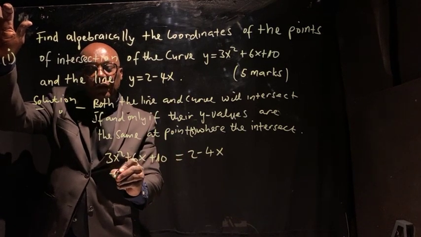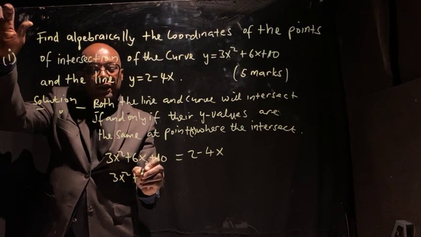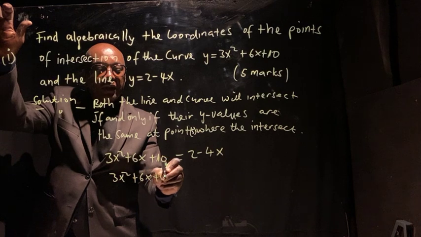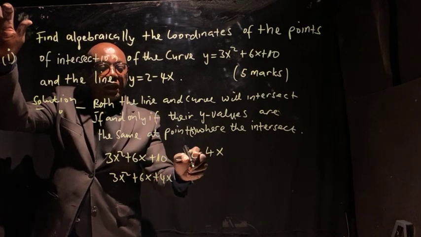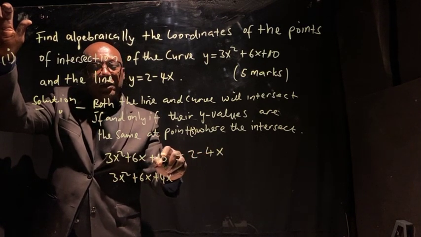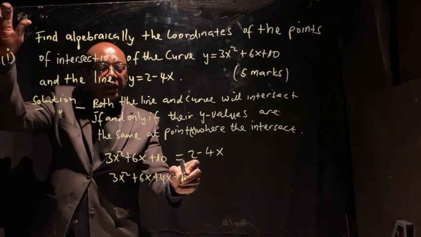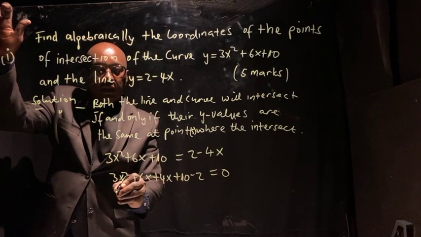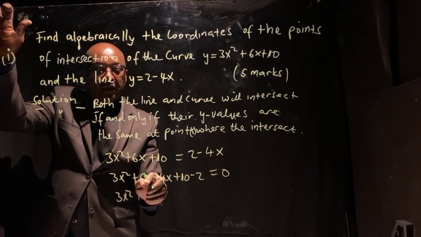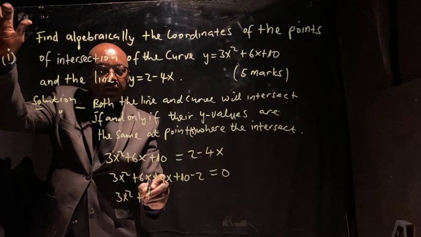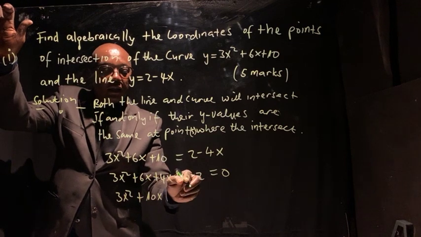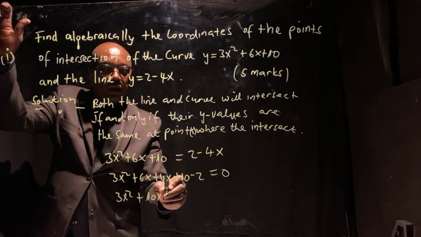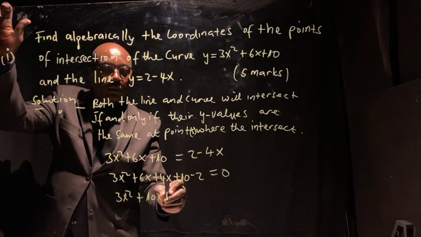So we have 3x squared plus 6x, minus 4x comes to the other side, it becomes plus 4x, and plus 2 from the other side comes to this side, it becomes 10 minus 2. Then the right hand side is left with 0. In that case, we have 3x squared, 6x plus 4x is 10x, and 10 minus 2 is plus 8.